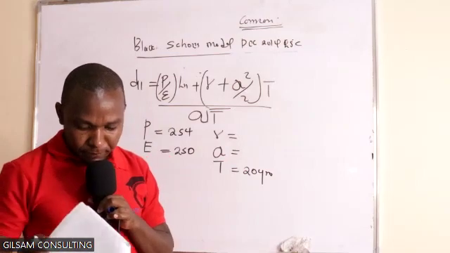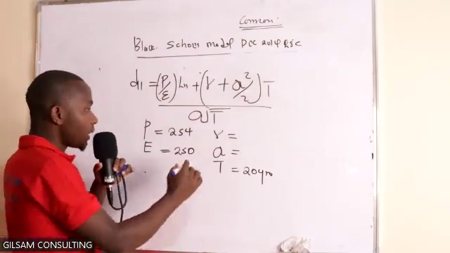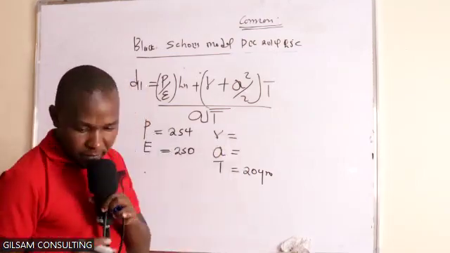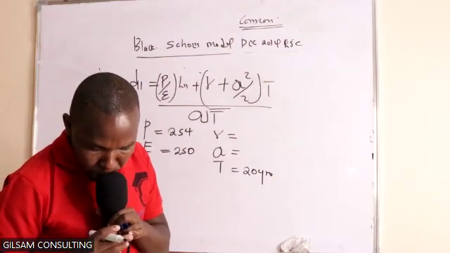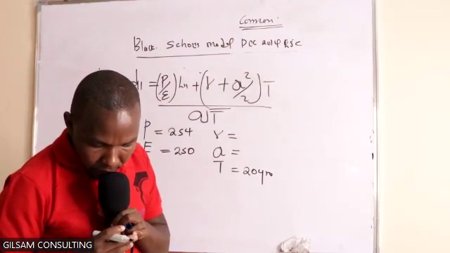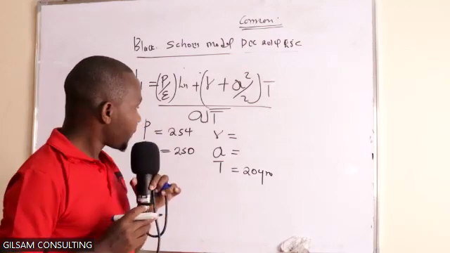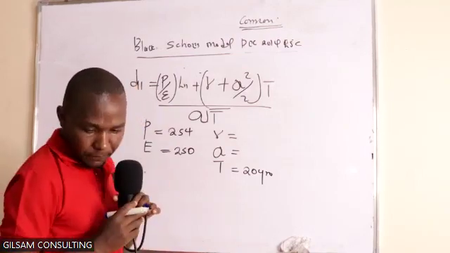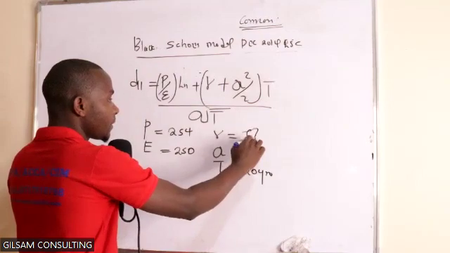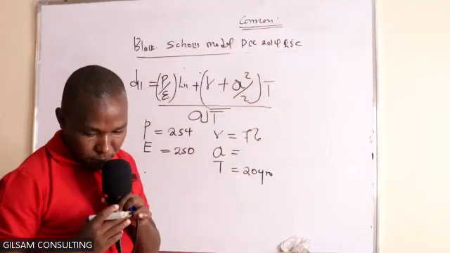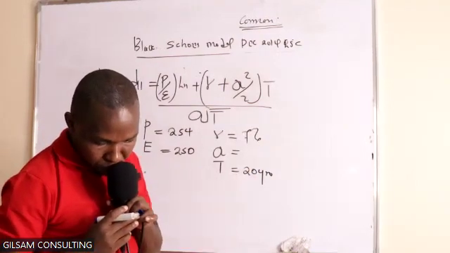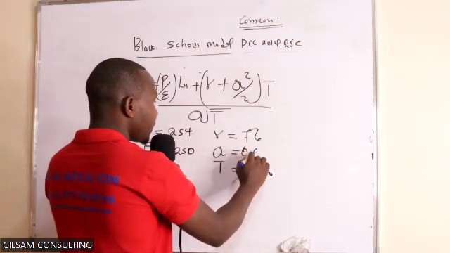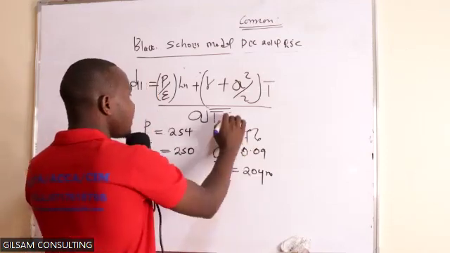So R, we have been given, R is 7%. Variance 0.09. And then that is the first option.